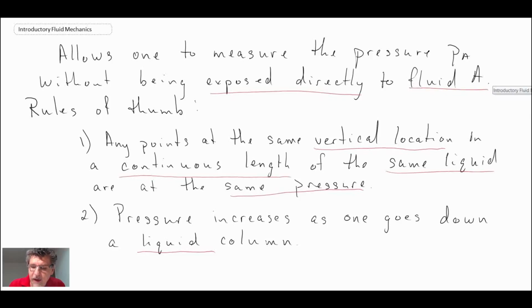If you've ever gone swimming in a swimming pool or in the ocean, as you dive down, the liquid pressure on your ears becomes greater and greater, and you can feel that exerted on your body. So we know through intuition that as you go down and down, the liquid column will exert higher and higher pressure. And that is solving problems with manometers.